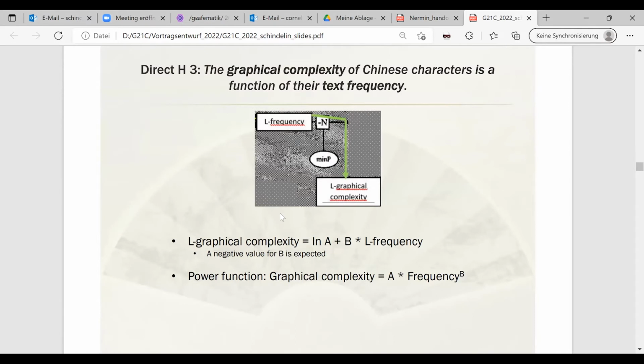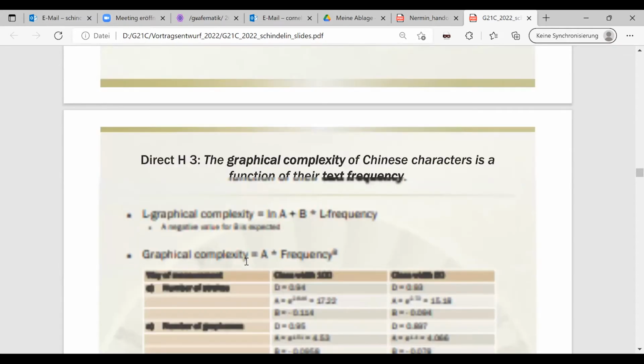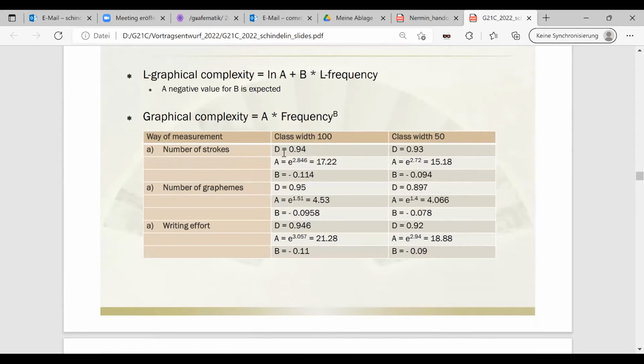The third hypothesis was that graphical complexity of Chinese characters is a function of their text frequency, which is a way to say that characters that appear more frequently in text probably are shorter, have fewer strokes, fewer components, or simpler components. And if you know the Menzerath-Altmann law, maybe that rings a bell. As complexity is measured in 3 ways, we again have a bunch of data.